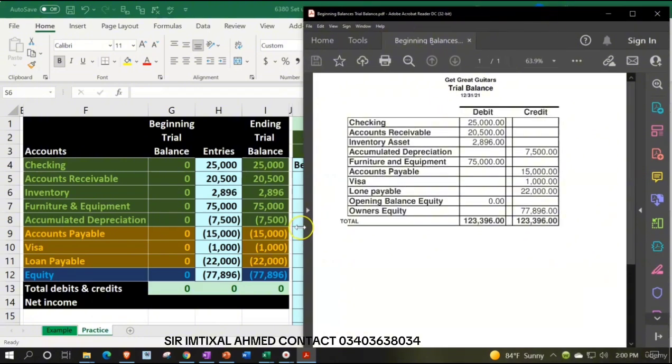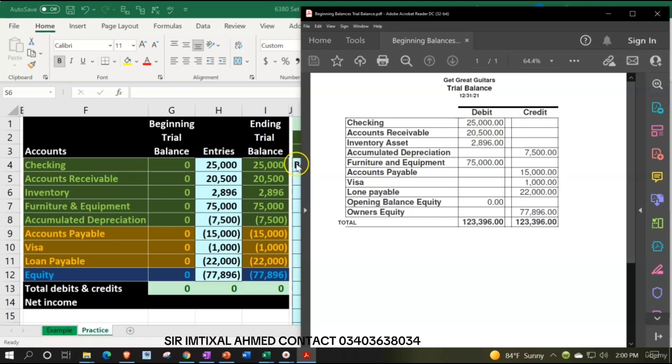I think it works. So we got the checking account, 25,000, accounts receivable, 20,500, inventory, 2,896. We've got this 7,005 out of order a bit because we like the ordering better over here. So I put this on the 7.5 up top, 75,000. Notice again, if you're tracking this directly from a client and you're trying to mirror their accounts that you're going to then be working with their bookkeeping system later, you might want to put the stuff in a funny order in your books.